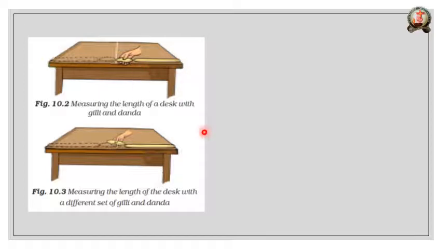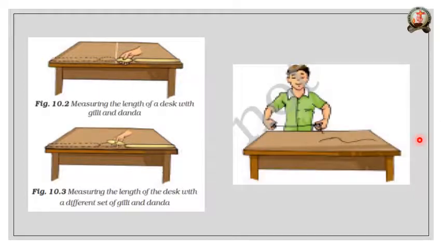Or you can also try with a rope or thread. You can keep the thread on the desk, and exactly at the half position you can cut the thread and measure it. So there are a lot of ways in which you can measure distances.